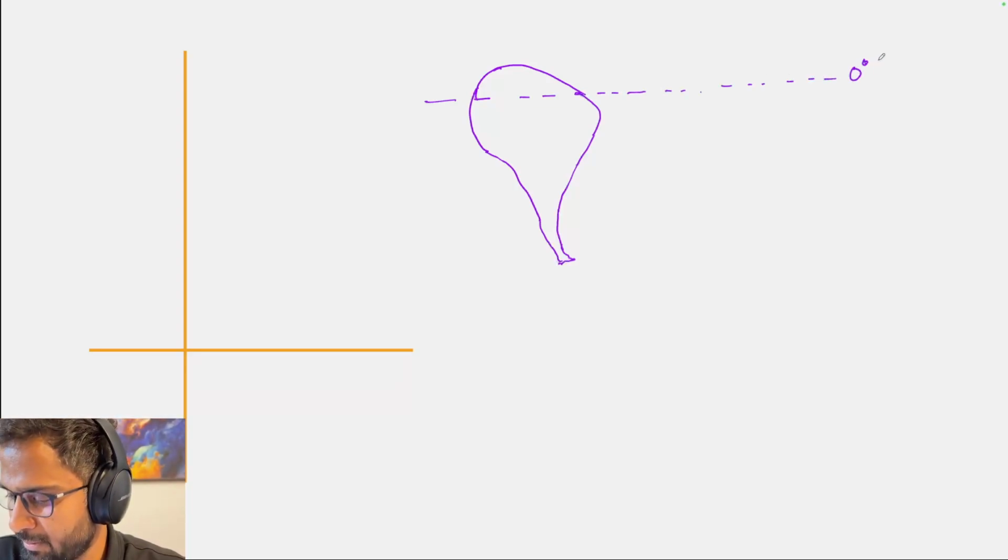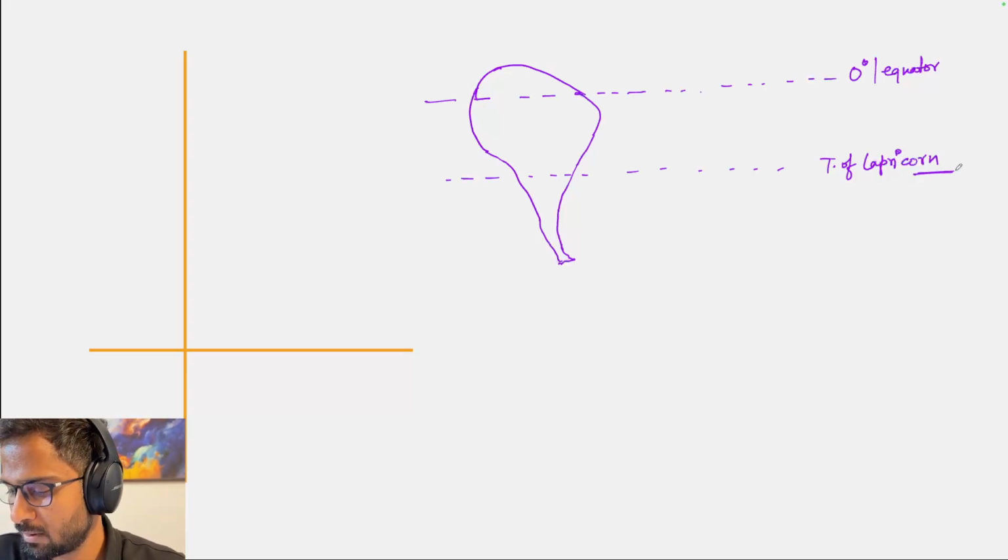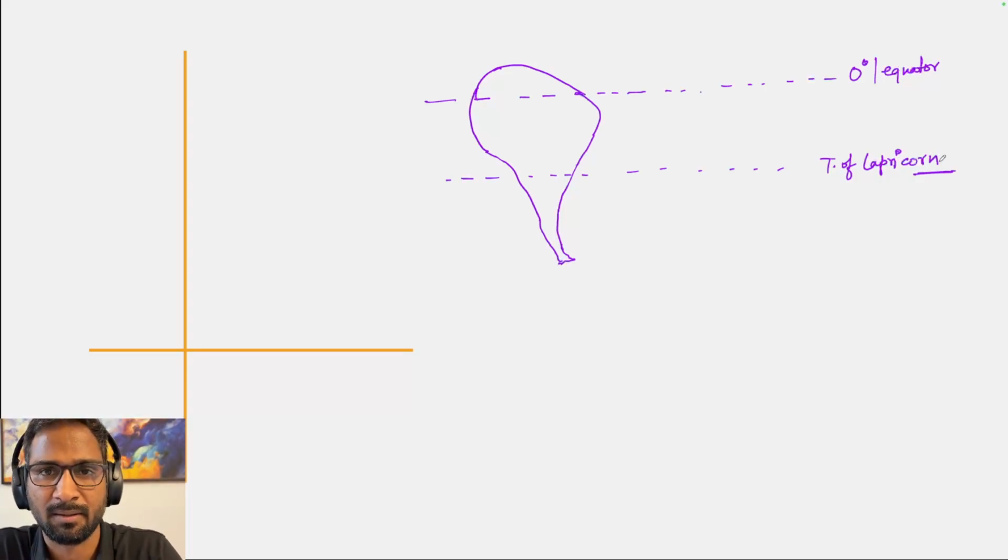This is 0° equator and this line represents Tropic of Capricorn. In the last video, we already said that equator passes through three countries in South America.